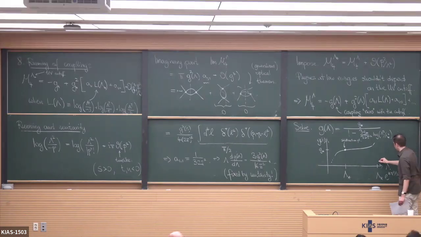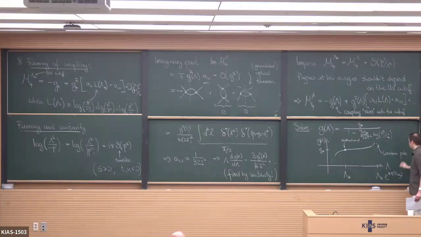And this is known as the Landau pole. So the Landau pole tells us that there's a limit to this perturbative expansion, and in fact, the running starts to break down at exponentially high cutoff scales.